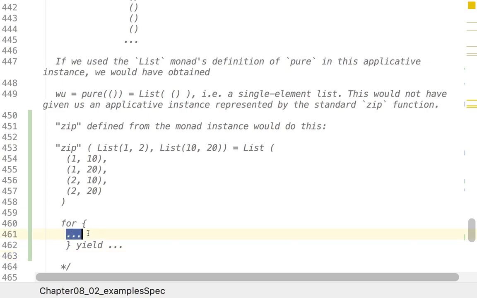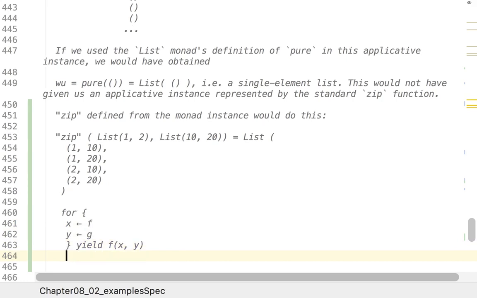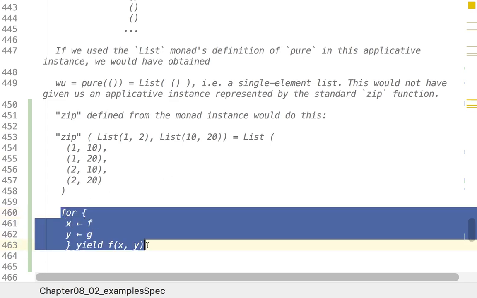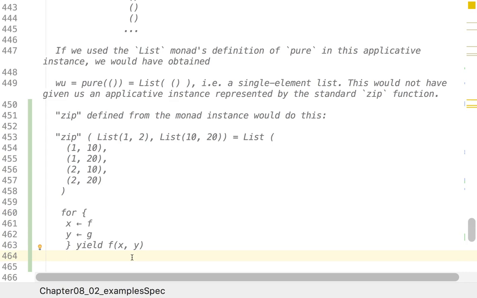What if you notice that you have this kind of construction, and you say, oh, this is obviously a map2. This is a map2, or this is a zip, like this would be a zip, and this would be a map2. And then you would be tempted to refactor this code by doing something like this.